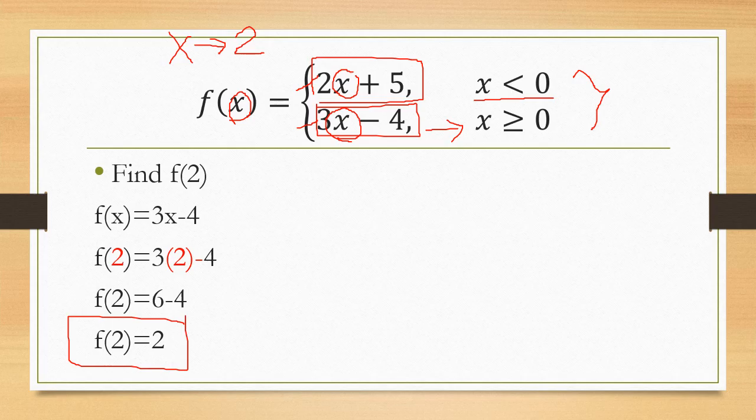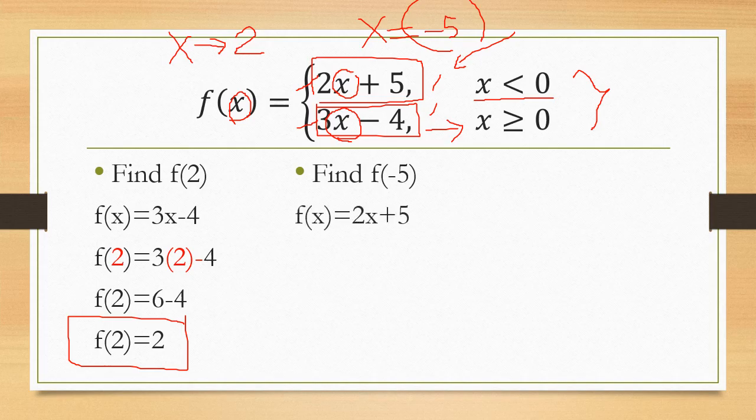Ganyan siya kasimple. O, sa pa nga daw, find f of negative 5. So, meaning, in this case, x is equal to negative 5. So, sa dalawang functions, aling gagamitin natin dyan? Eh, syempre, ito ang gagamitin natin because this is valid if x is less than 0 and negative 5 is less than 0. So, we're going to focus on 2x plus 5.